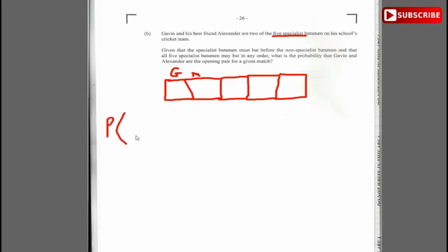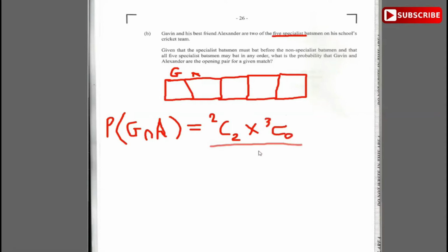So the probability of Gavin opening and Alexander, I'm going to call it Gavin intersect Alexander, is equal to choosing these 2 from 2, times choosing none out of these other 3, divided by the total, which is choosing 2 from 5.